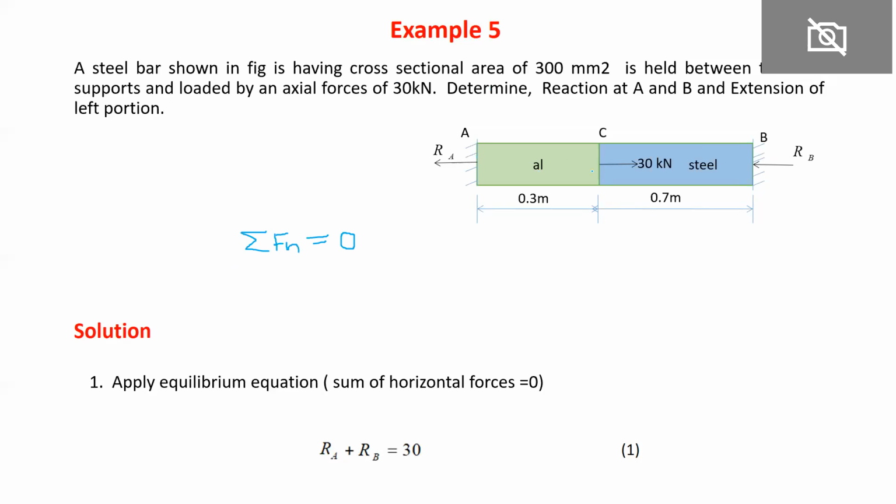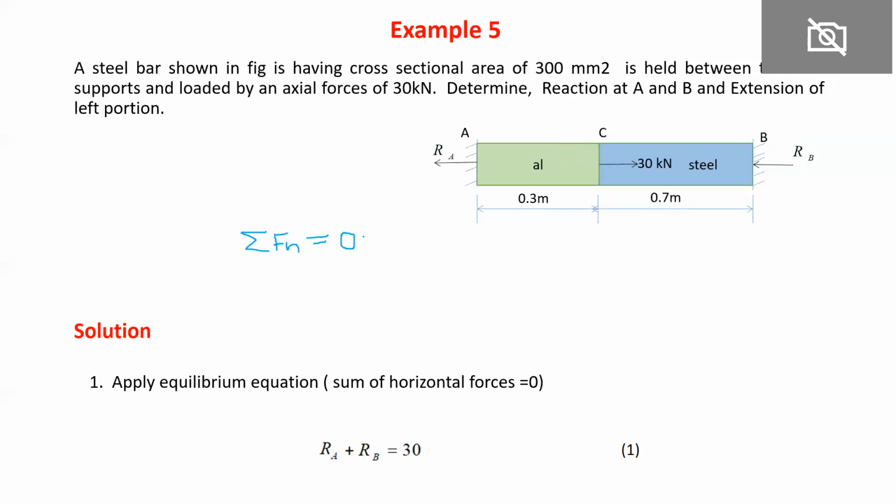Therefore it creates reaction forces at the supports only. There are supports at A and B, the reaction force at support A is RA, and the reaction force at support B is RB. And RA plus RB must be equal to 30.